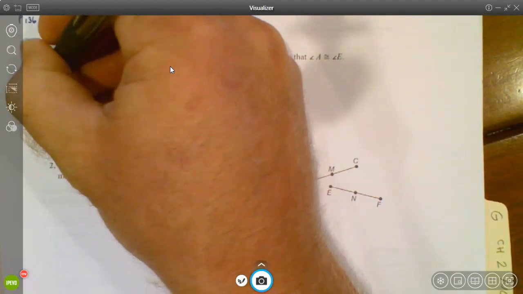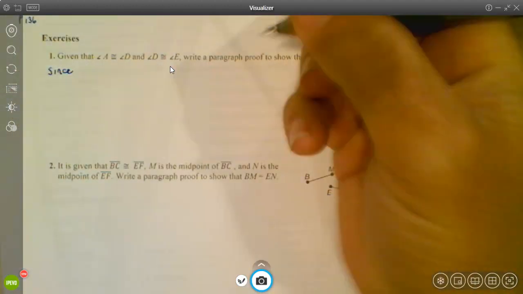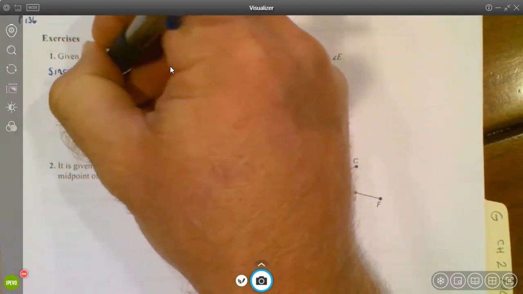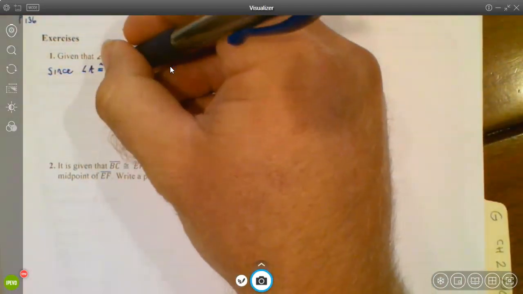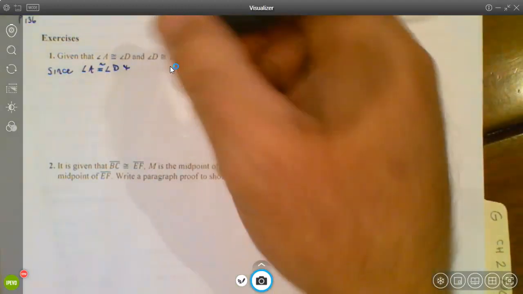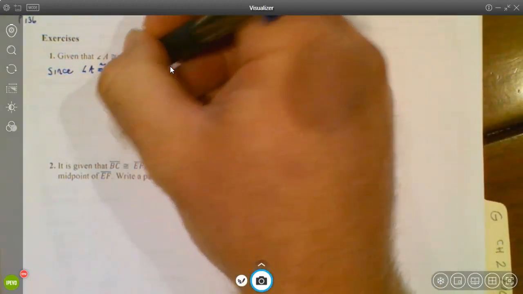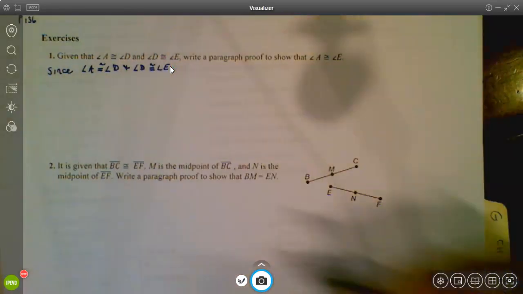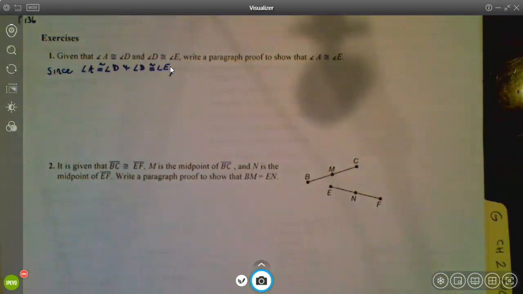So you might say something along the lines of, since angle A is congruent to angle D and angle D is congruent to angle E, so since that is true, we're going to restate the given. So what line of reasoning, if you were just talking to a friend, could you put into a paragraph that would tell you that this must be true?